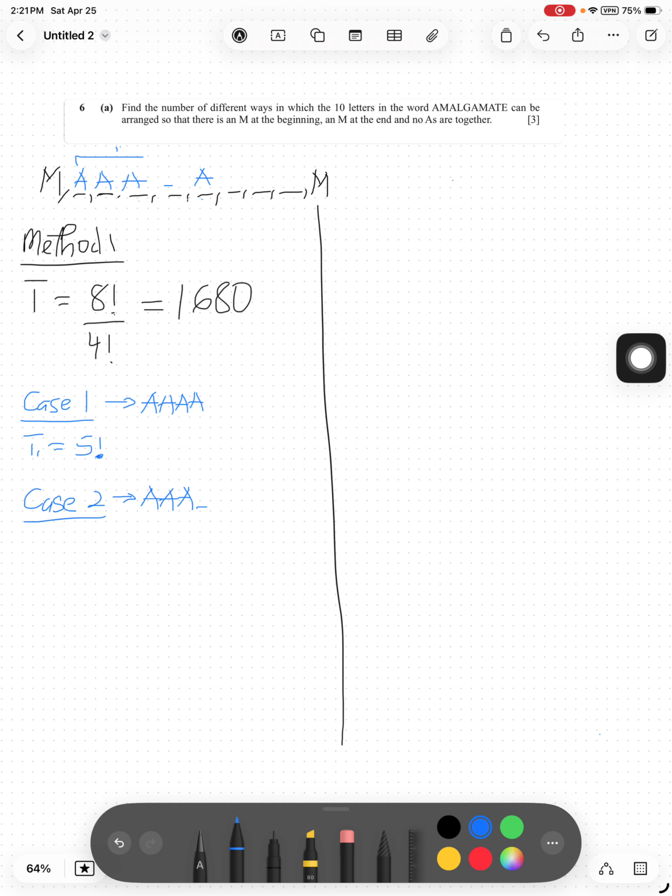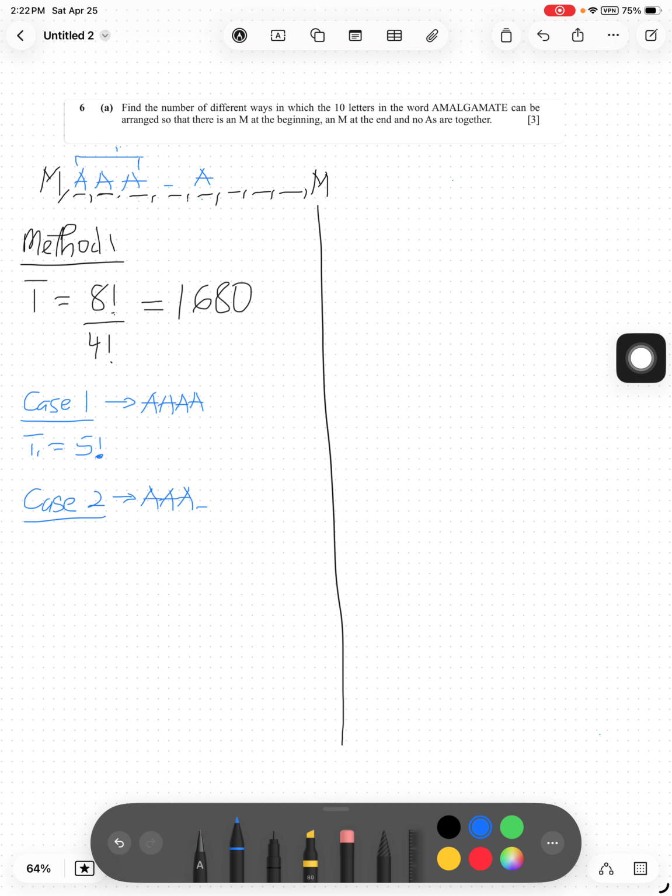Okay, so we can treat these 3 A's as a block, right? So the first position they find themselves is what? One way of putting them. But mind you, the space is also important.